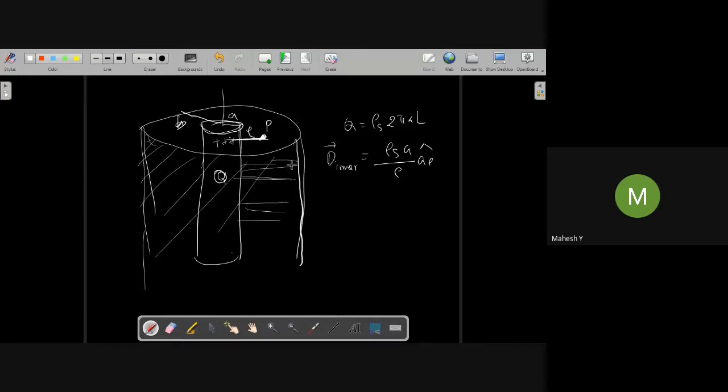The outer cylinder is also a metallic mesh. The amount of charge it will induce is minus q. So due to the outer cylinder, there will be a field at this point too, so you have to get the electric field intensity due to that charge also.